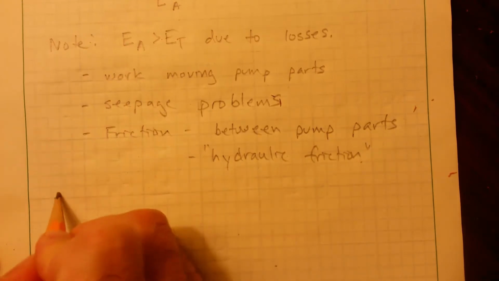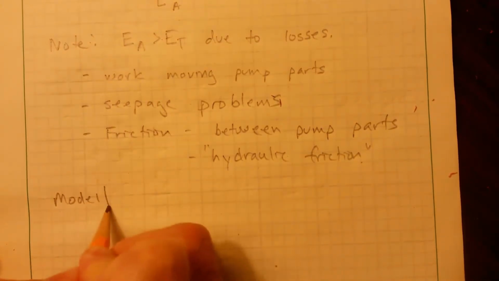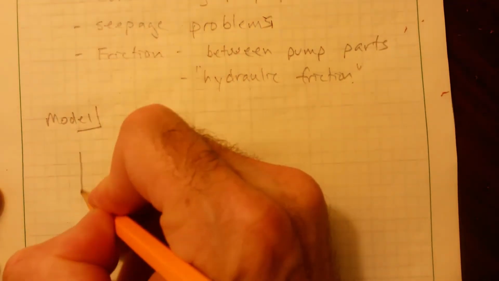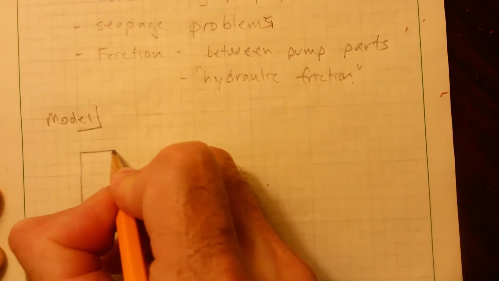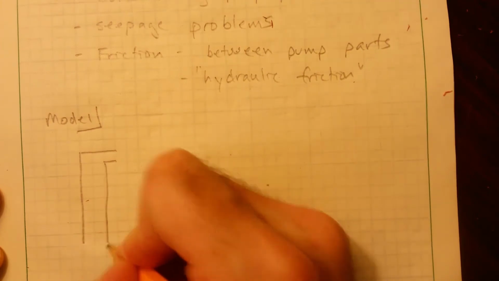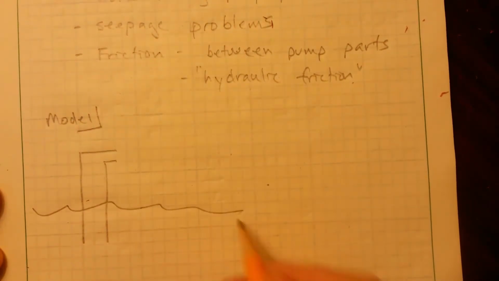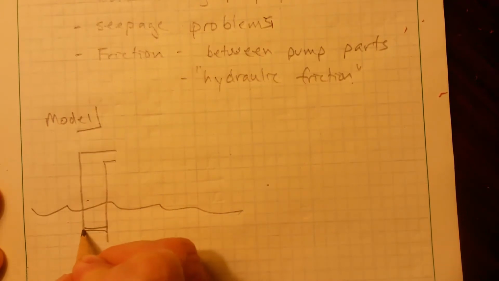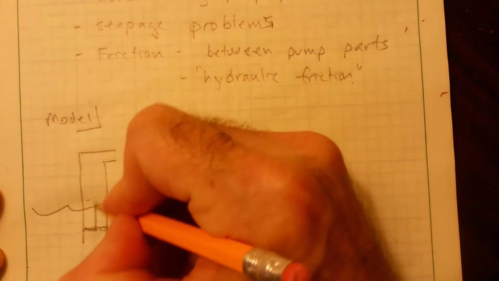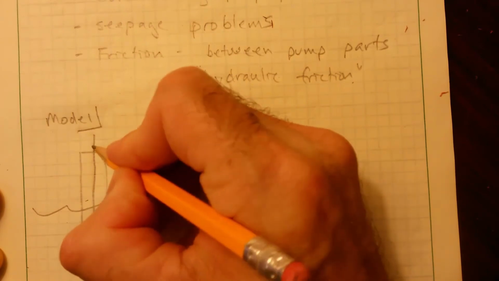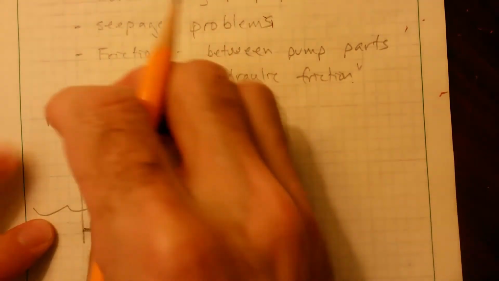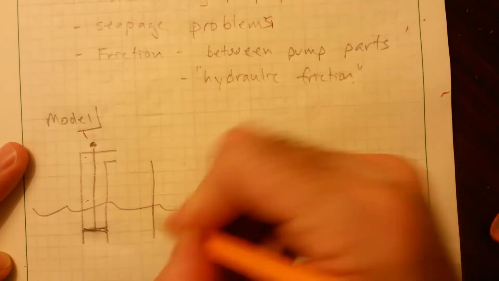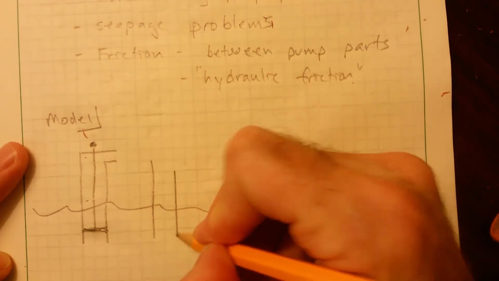Okay, so let's look at our model again and see if we can understand what's going on here. Same kind of pump, water level, piston. State B, pretty much the same, except the piston's a little bit higher.